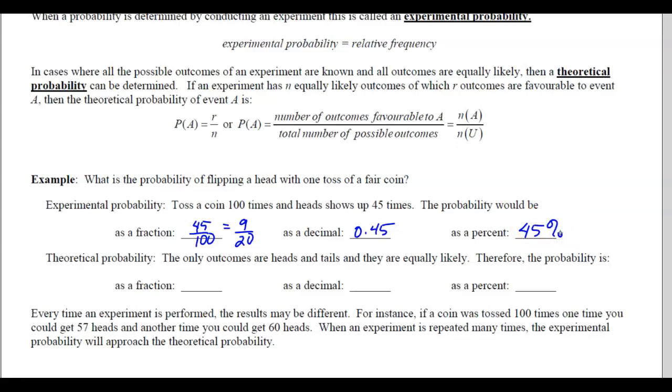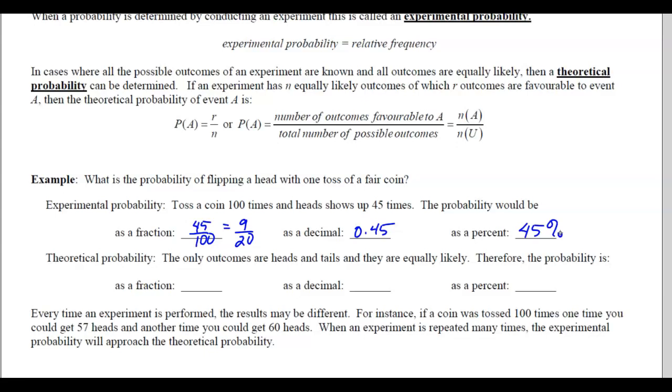Okay, now, if you did that experiment enough times, so basically approaching an infinite number of times, that experimental probability would approach the theoretical probability. Now, theoretically, when you toss a coin, there's a choice. Could be heads or tails. Two choices.